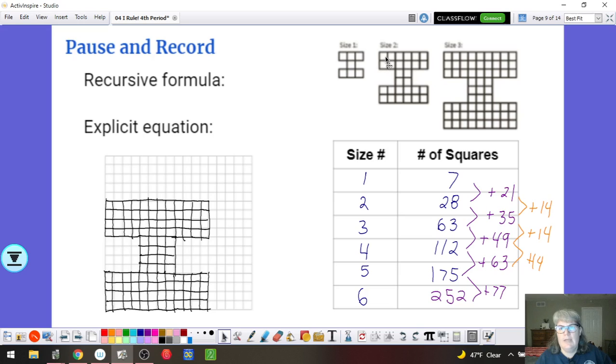Then when we go to size 2, we add on each end again, and we add to the middle lengthwise, but we're also making things thicker, so everything got doubled. Then on size 3, added on yet another row, another column, and another row on the bottom, and added on to each end, as well as added on in the center.